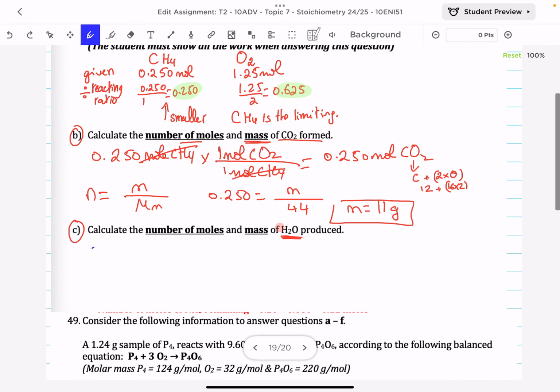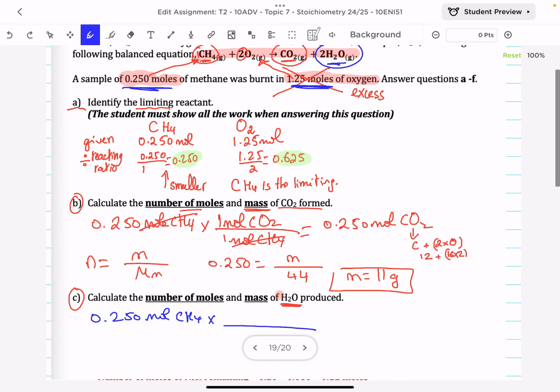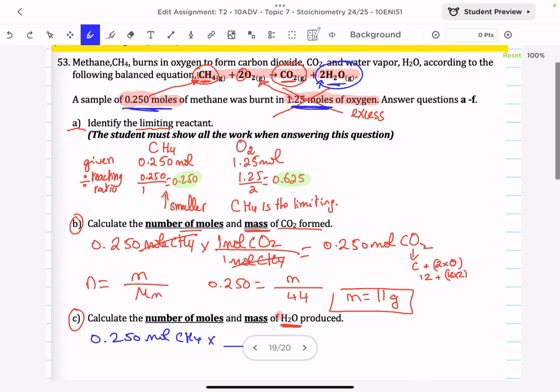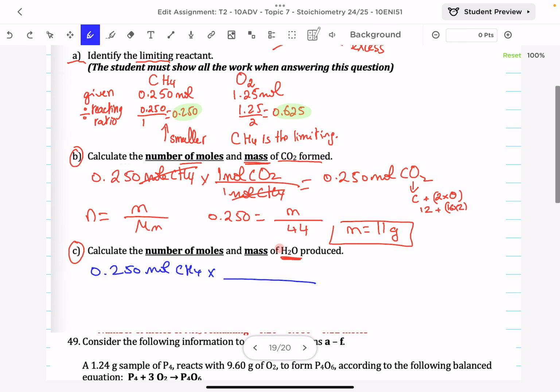So, again, 0.250 mole CH4. But this time the mole ratio is different. I am finding H2O, so I say 2 moles of H2O over 1 mole of CH4. And the answer is 0.5 mole H2O. I found this.